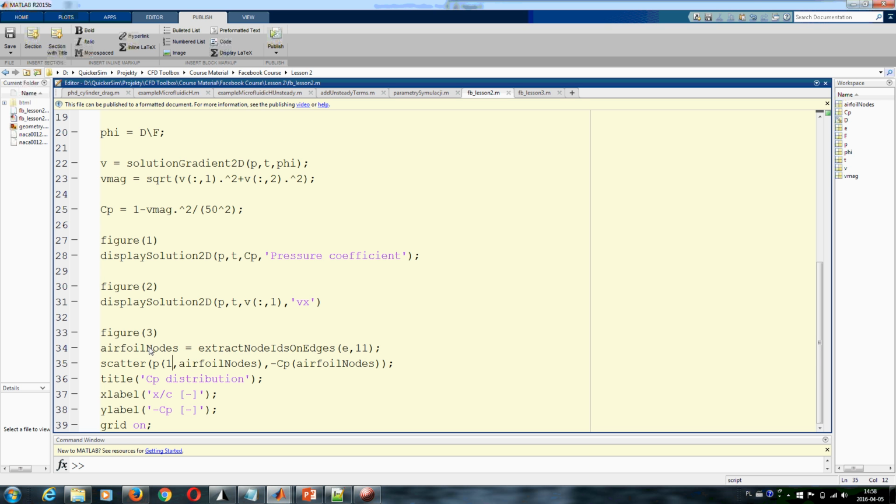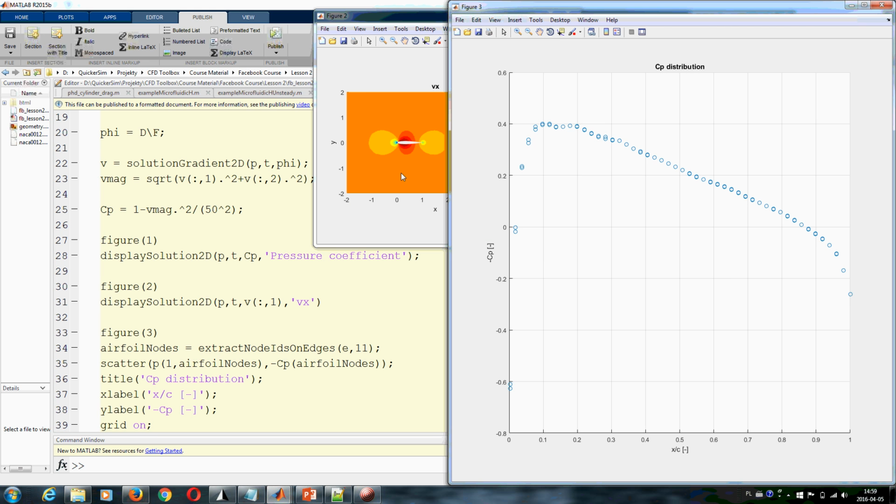After calling this function, you see that airfoil nodes gives information about IDs of nodes that we are interested in, and the same here. We want to plot a pressure coefficient, but only for the nodes which are lying on the airfoil, and then just get a title, X label, Y label, and turn on the grid. So let me run the script again with F5.